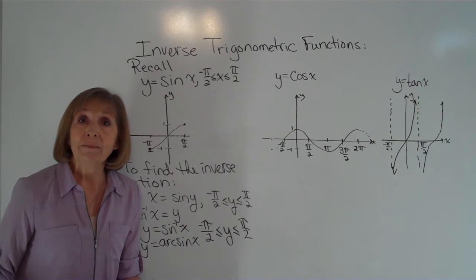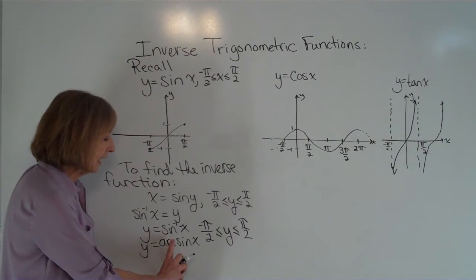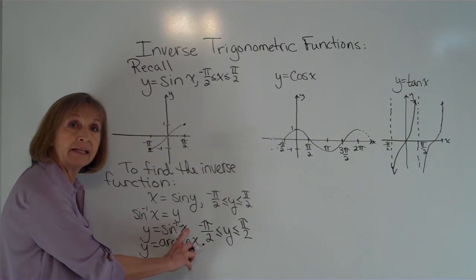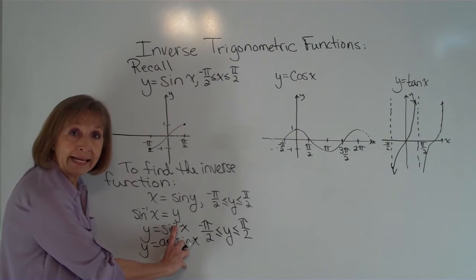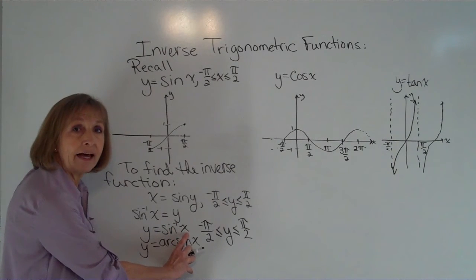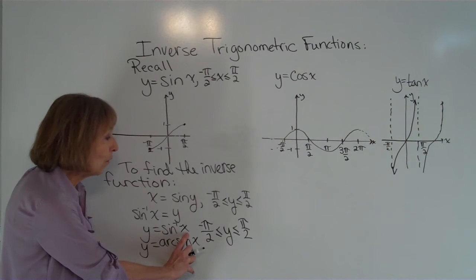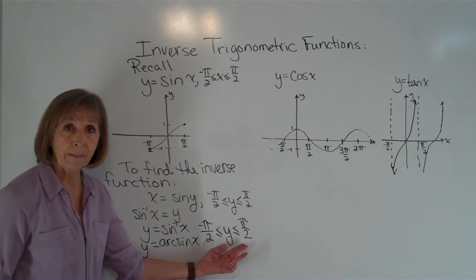Now, if you think about the unit circle, then when I'm looking at the inverse sine of a ratio, you can think what angle has the sine ratio of that argument over the span of angles from -π/2 to π/2.